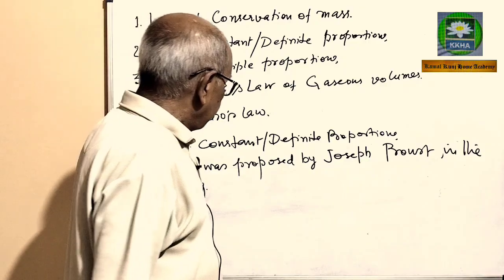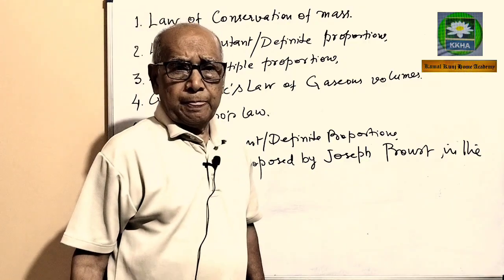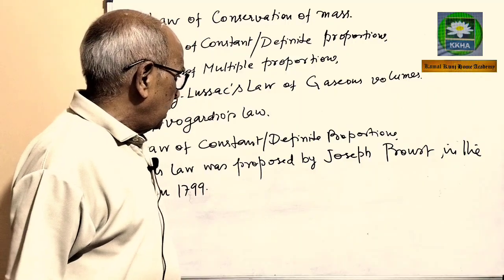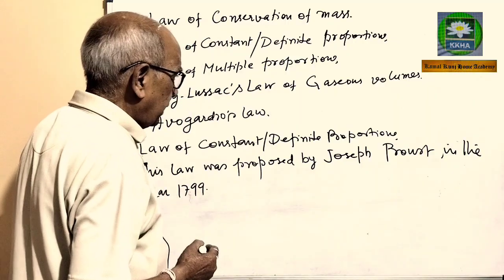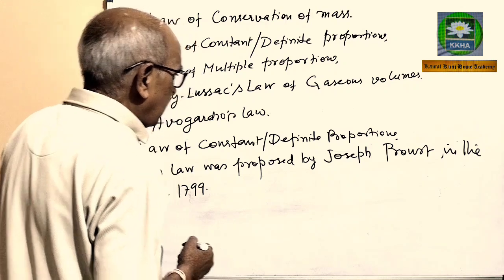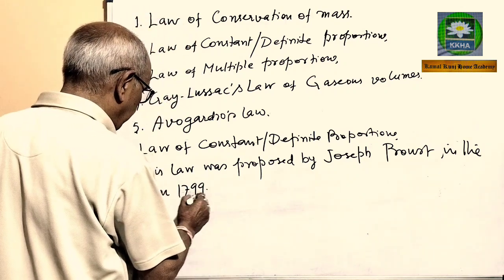According to this law, a chemical compound contains fixed elements in fixed ratio by mass.